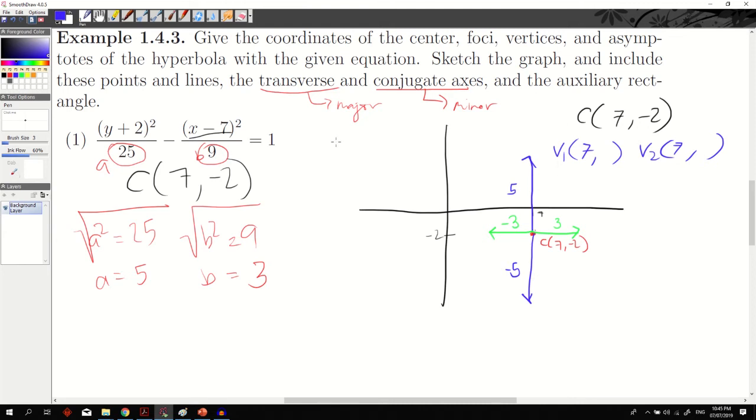So next, we add 5 to -2. So -2 plus 5 is equal to +3. Then -2 minus 5 is -7. Okay, so these are our vertices.